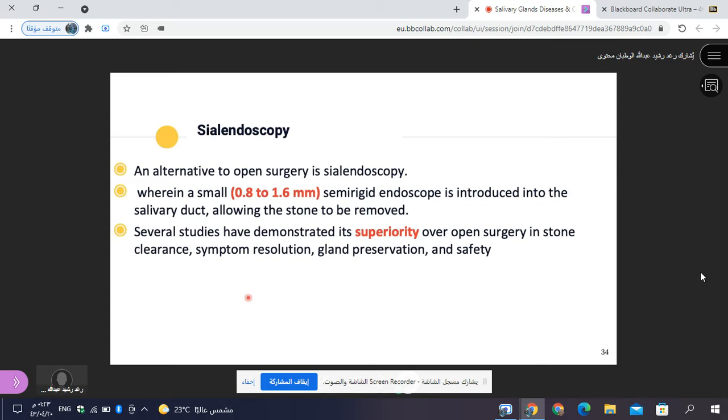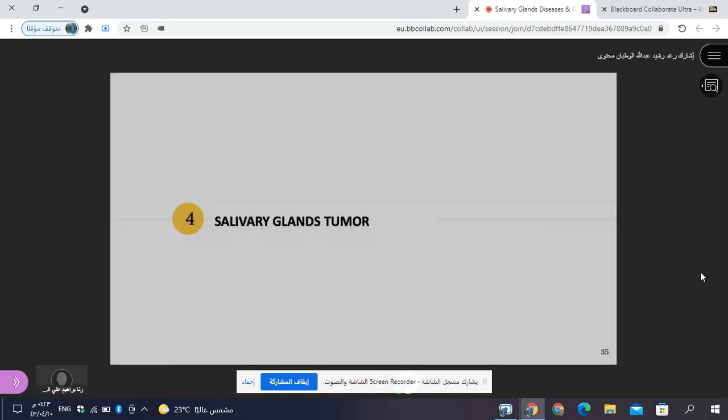It is minimally invasive, superior in stone clearance and symptom resolution and gland preservation. Thank you, everyone. It is a procedure where we insert a semi-rigid endoscope into the salivary duct, thus allowing us to remove the stone. Next slide. I have a video for you at the end of the seminar for the sialendoscopy.